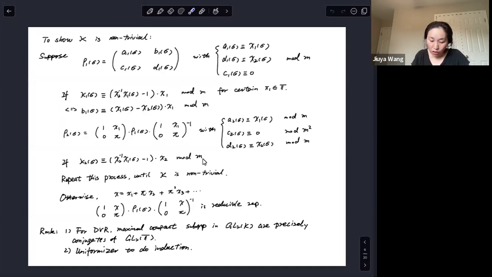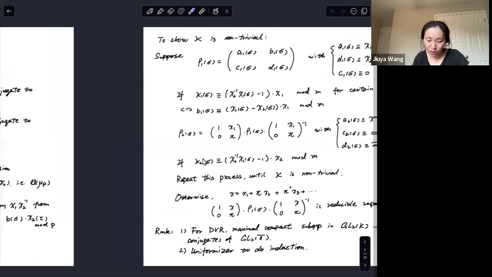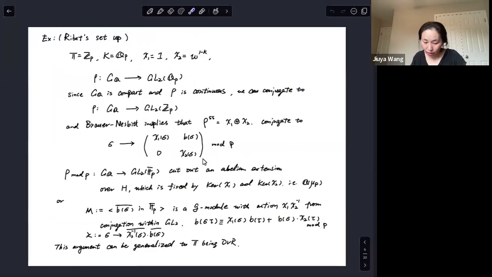The remark is that this argument can be generalized to a DVR whenever T is a DVR, and there are two important places where we use the DVR.